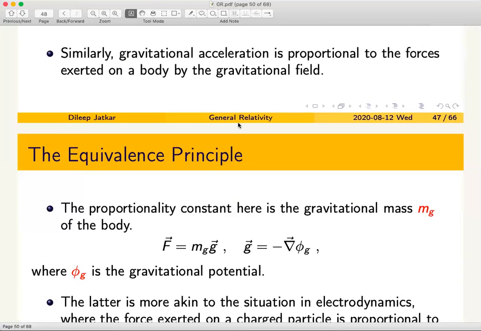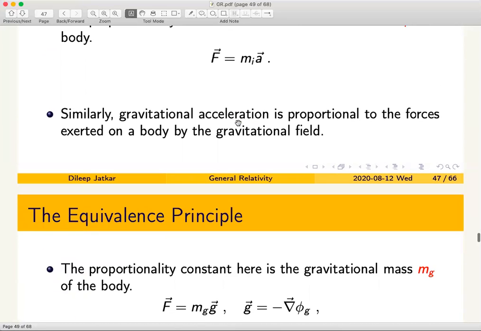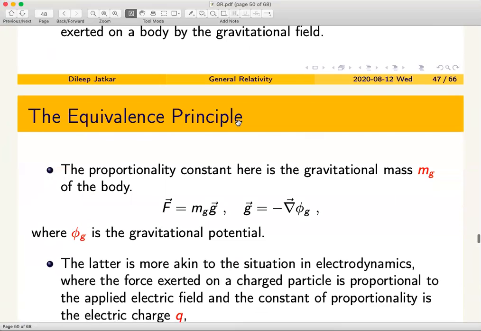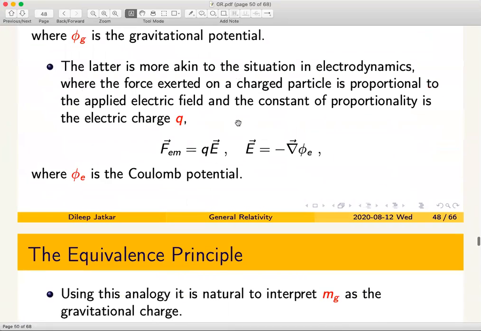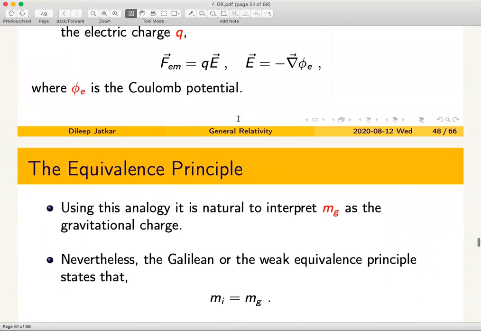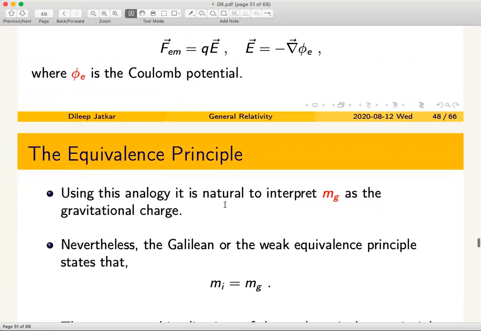Therefore these two constants of proportionality in principle could have been different objects. But nevertheless, the Galilean equivalence principle, which is also called the weak equivalence principle, states that the inertial mass is the same as the gravitational mass.